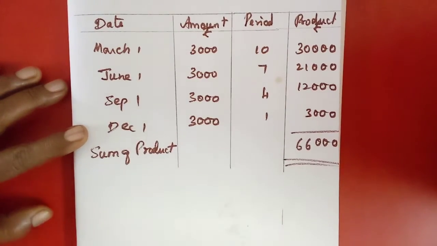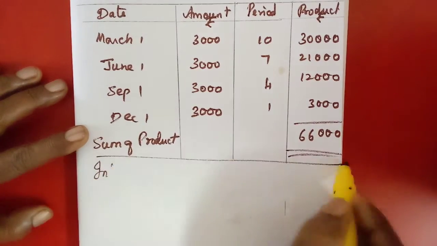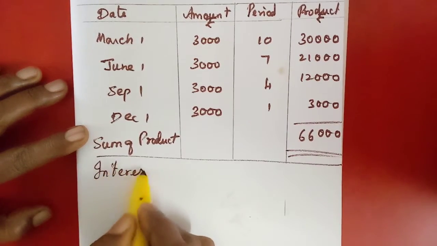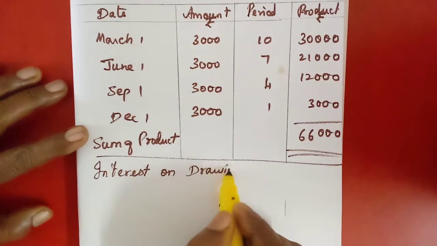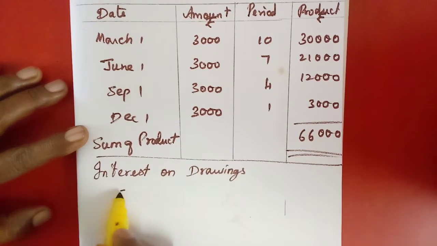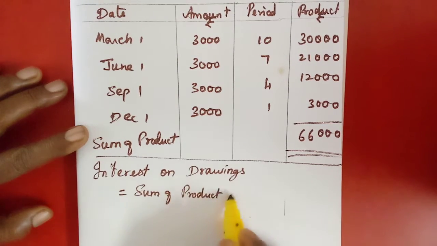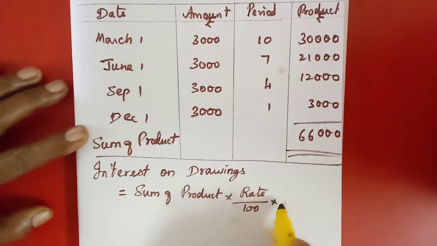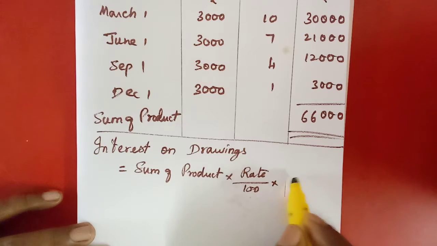Now the interest on drawings. Interest on drawings is equal to sum of product into rate by 100 into period, that is 1 by 12.